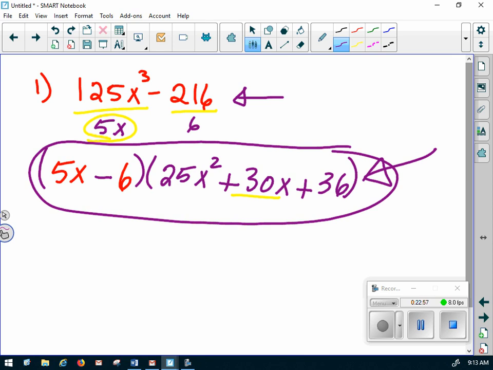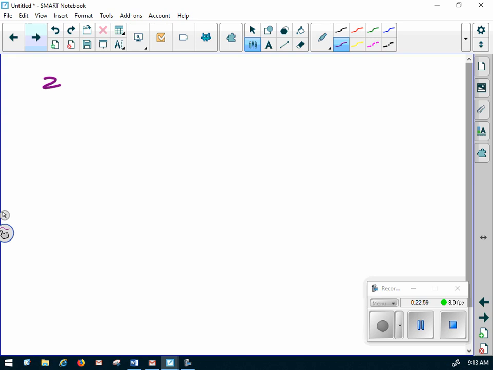All right, let's look at the last one, number 2. 8y cubed plus 27x cubed. Yep. Do you have a GCF? Nope.